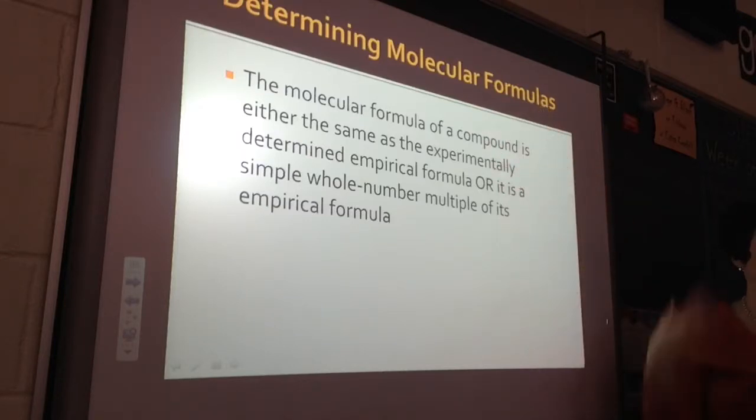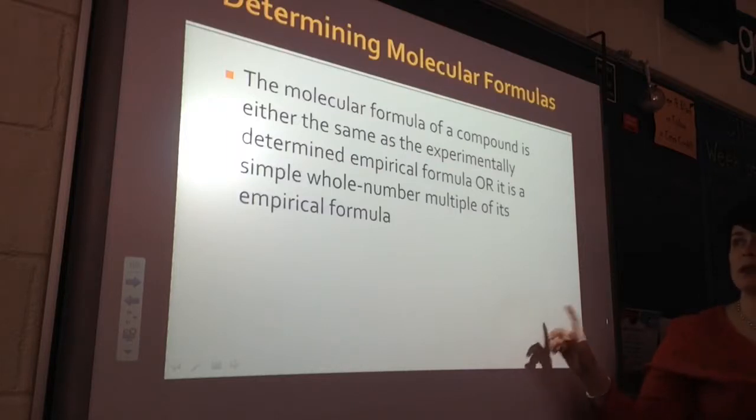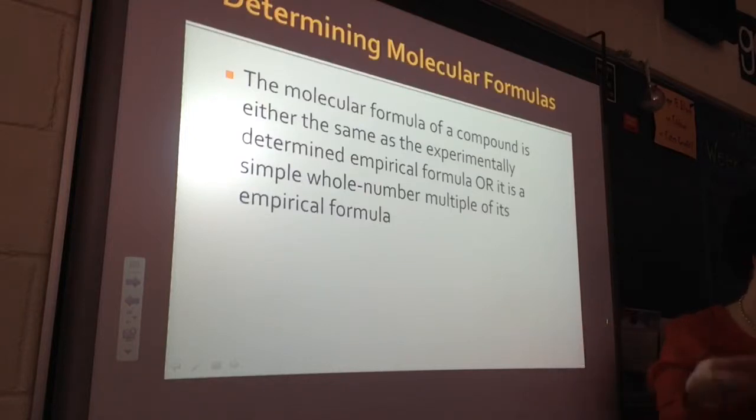If we analyze a molecular substance and know it's this percent carbon, this percent hydrogen, we can determine its molecular formula. We'll determine the empirical formula first and go from there. Determining molecular formulas is really a culmination of everything we've done in this unit, putting it all together.